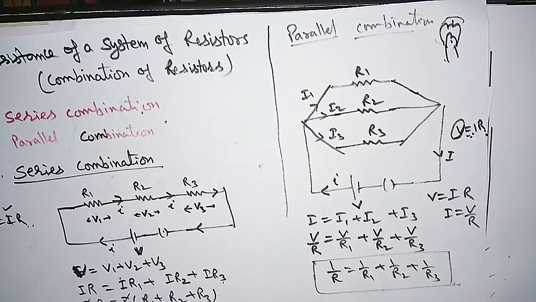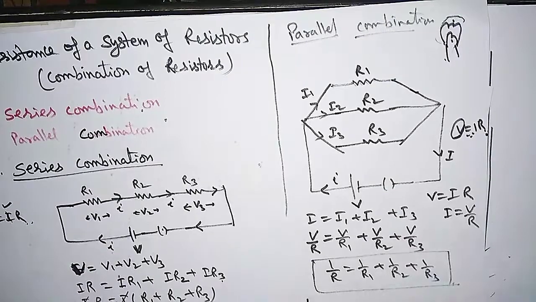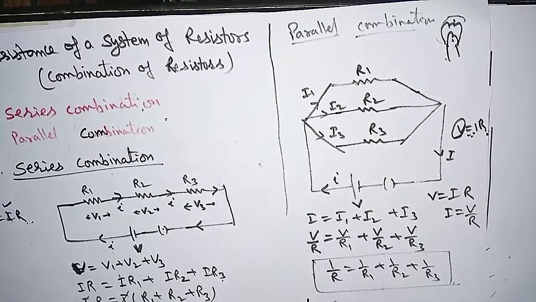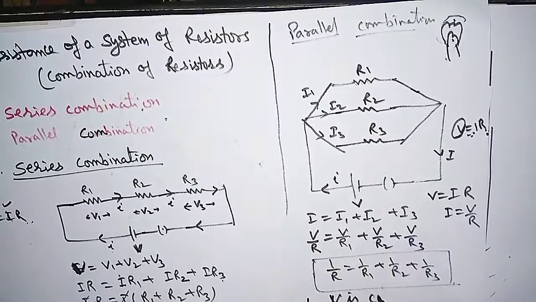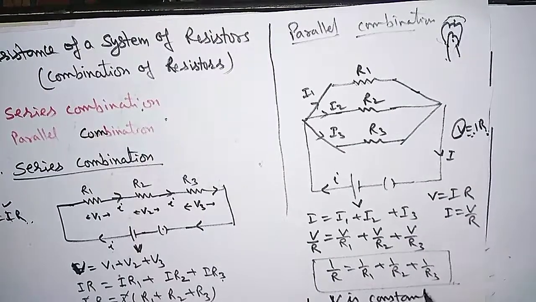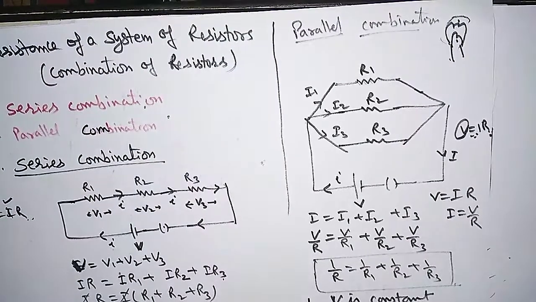And remember, in this resultant resistance, there are points. First point is that V is always constant. Remember.